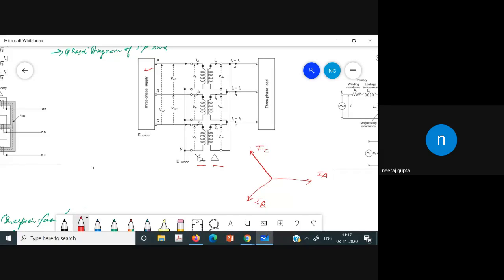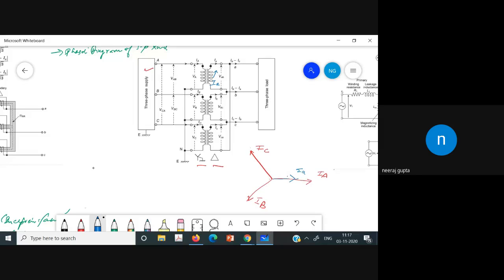So the current IA in that very case would be this, the phase current IA, up to this point.